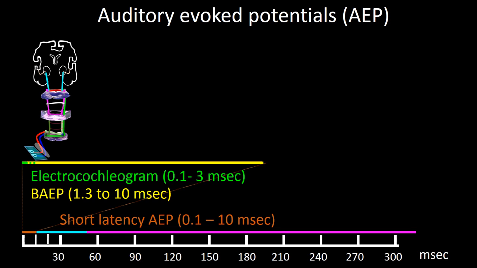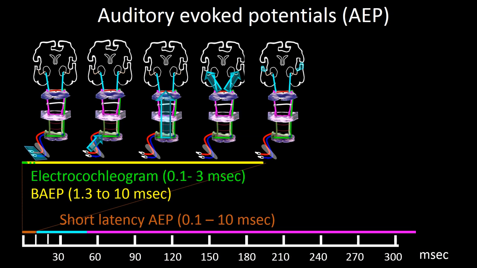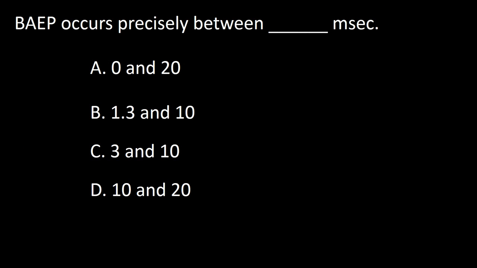These potentials capture waves generated between 1.3 to 10 milliseconds. These waves, as you know, are generated in the auditory nerve and the brainstem. So the answer to this question is B.